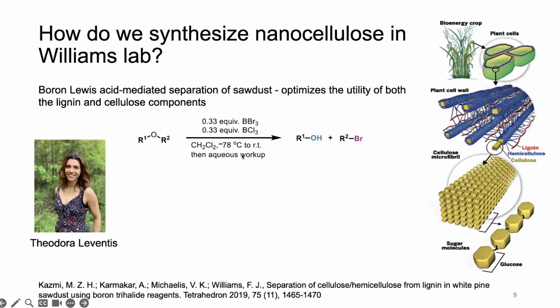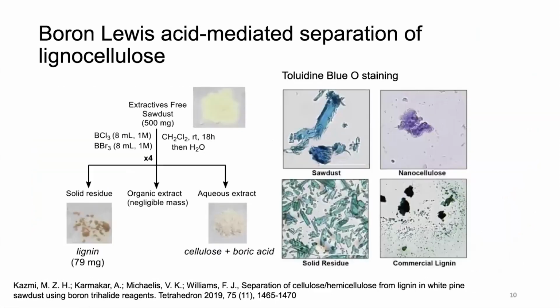This is the reaction we did for the cellulose. This was previously published for ether cleavage reactions, and previous members have used the same conditions on sawdust or lignocellulose as well, to cleave these ether linkages or acetyl groups. Theodora is currently working on separating cellulose and lignin from sawdust using this previously established reaction.